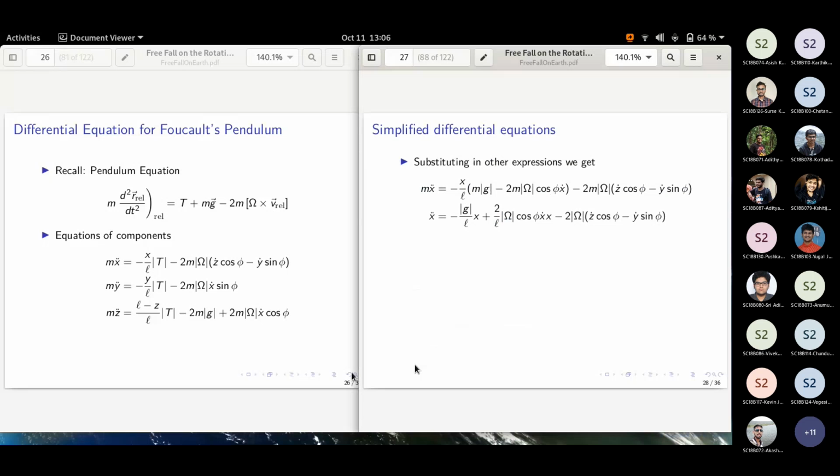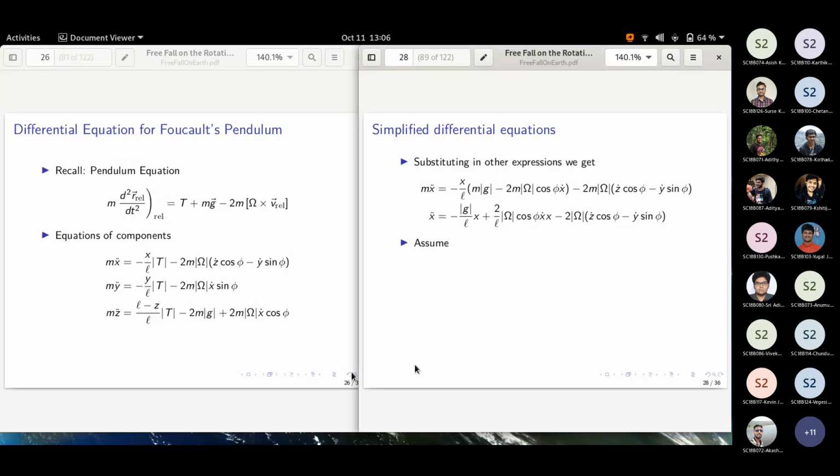So this is the equation we obtain after substituting in this expression. Z variation we don't require actually. We have to consider only x variation.